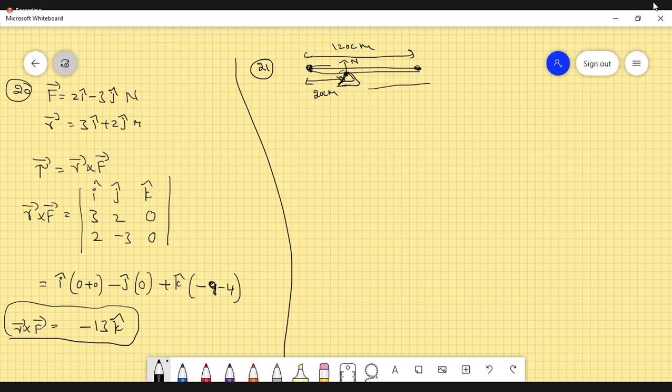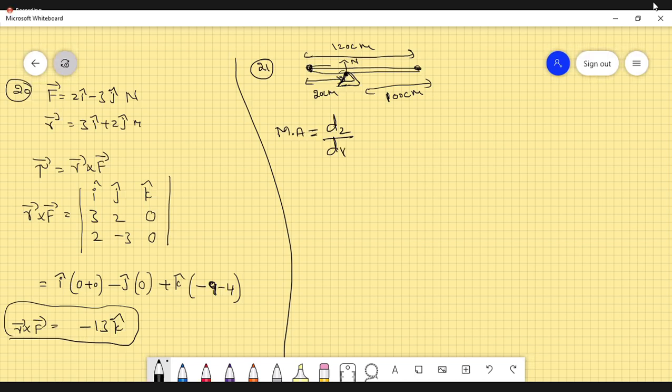Then remaining 100 centimeters. Then what is the mechanical advantage they're asking? So what is the mechanical advantage? Effort arm by load arm.